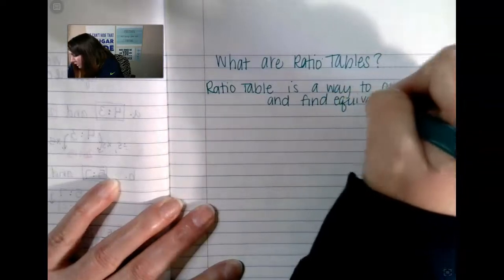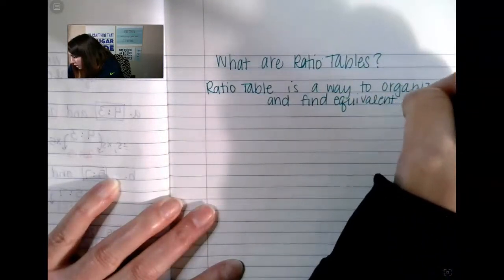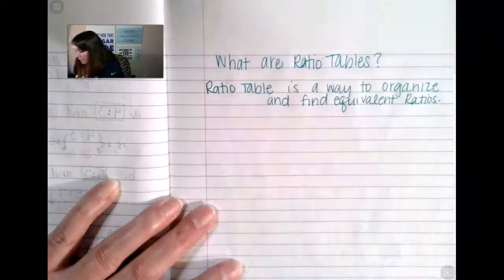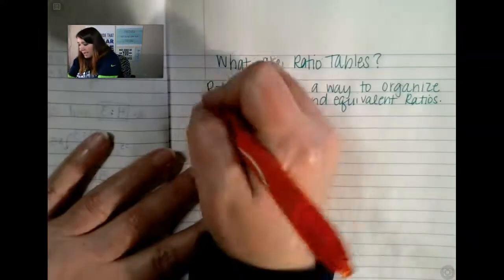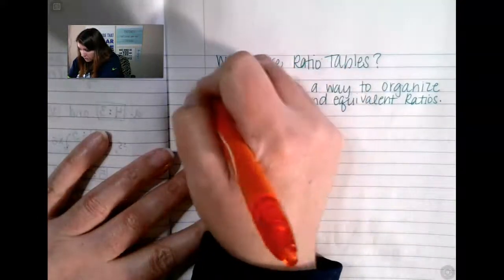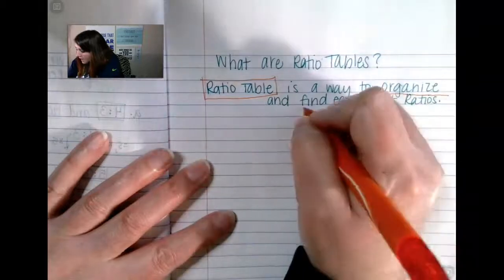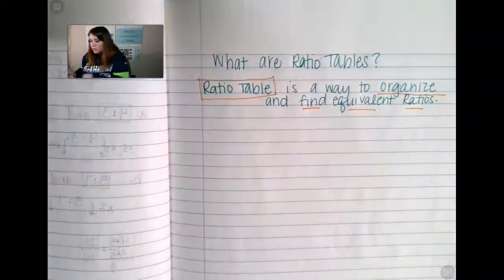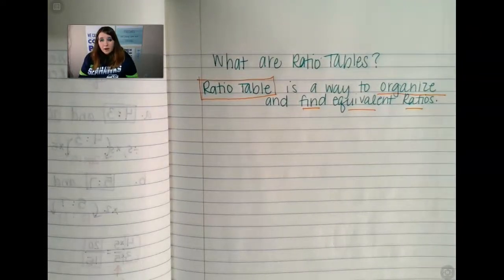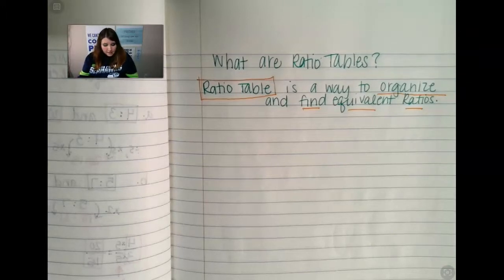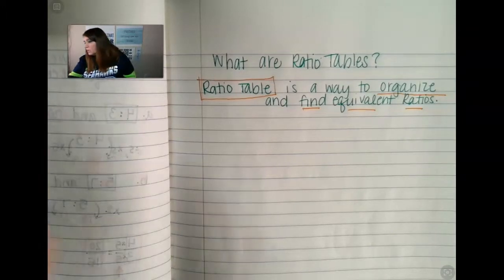A ratio table is a way to organize and find equivalent ratios. So we are going to be using ratio tables today to organize data and to see if ratios are equivalent. So let's look first at a ratio table.